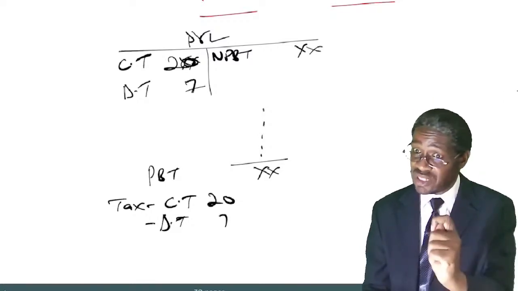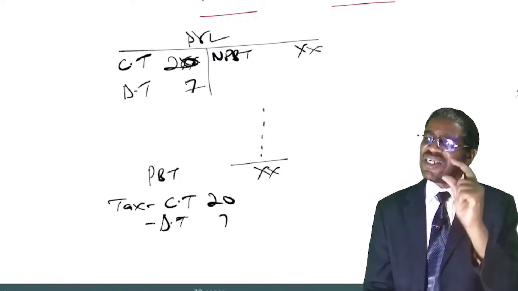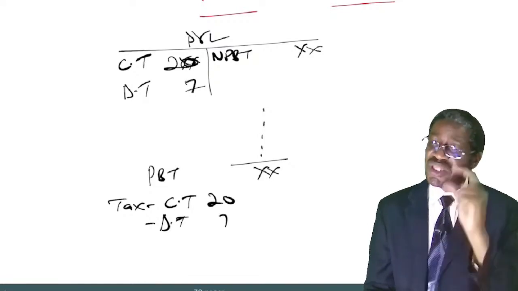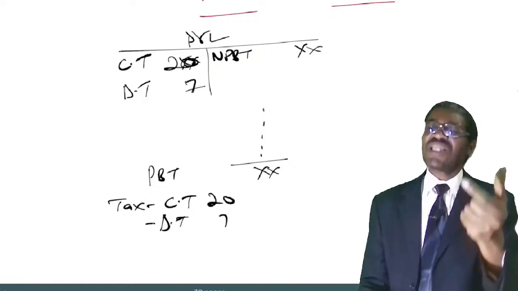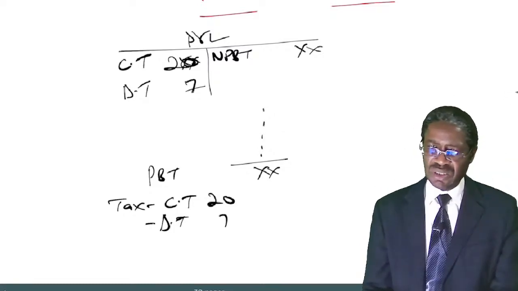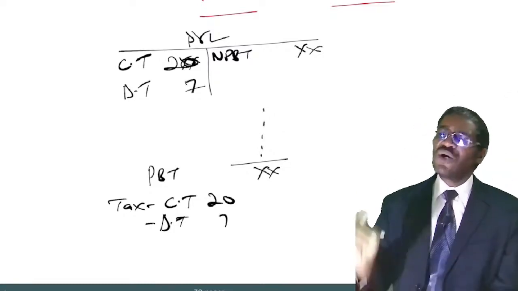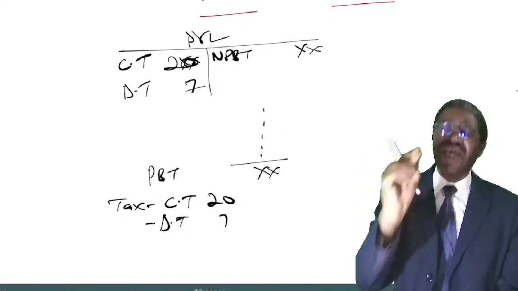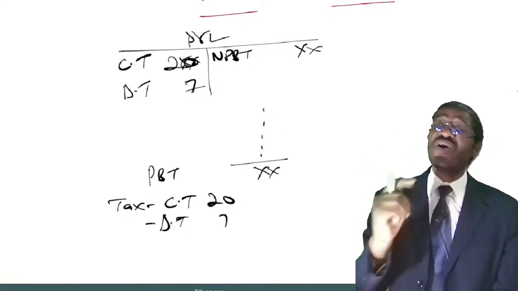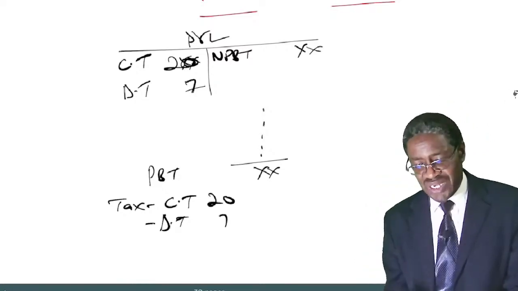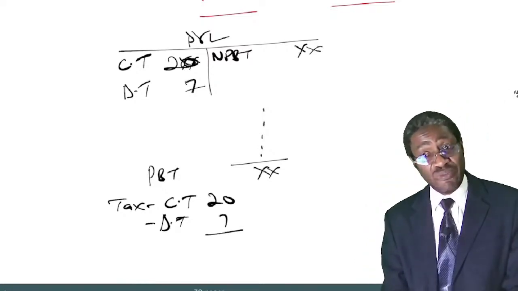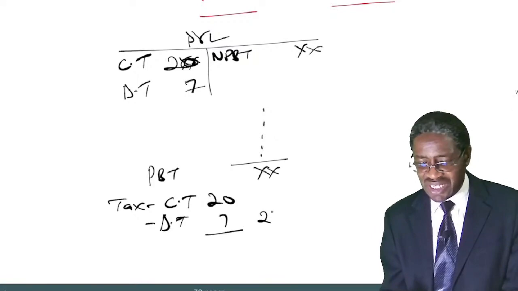I told you last time, having debited the P&L account with that 7, when there is already another debit of 20, when you are debiting an account which has another debit, automatically you are increasing the debit. So this 7 we shall now add to the corporation tax of 20.